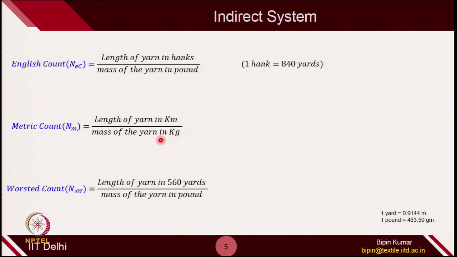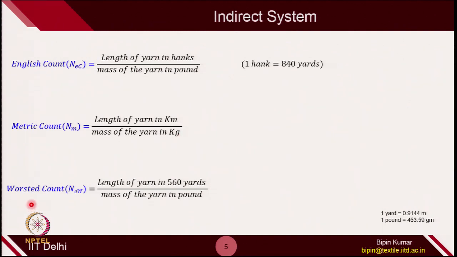It depends on you; whichever you feel comfortable with, you can follow any of these systems. Metric count is described as the length of yarn in kilometers divided by the mass of yarn in kg. So, you take 1 kg of yarn and measure the length in kilometers.